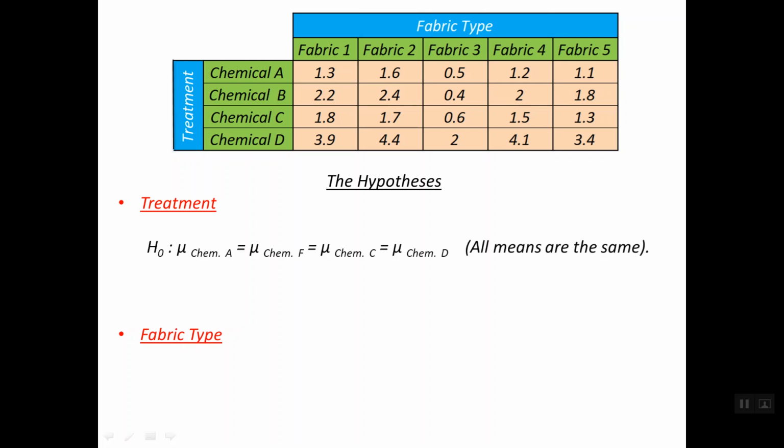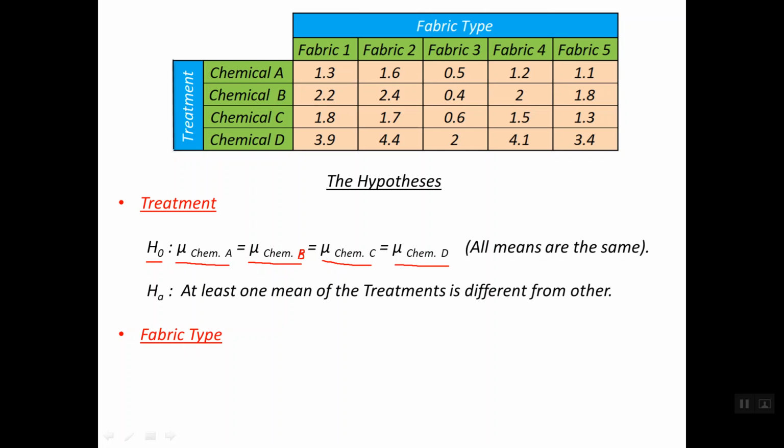Regarding the treatment, we have the null hypothesis, which states that the mean after using chemical A is the same as the mean after using chemical B, the same as the mean by using chemical C, same as the mean after using chemical D, or simply we can state that all means are the same or are equal.